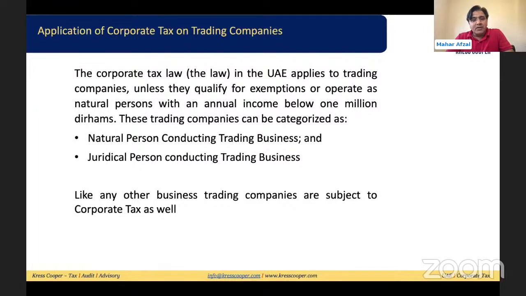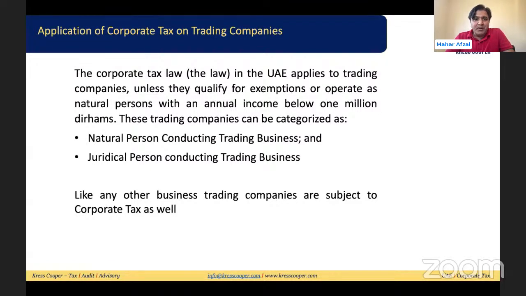So these trading companies can be a natural person, might be an individual, might be a sole establishment or civil company. We all know the definition of natural person. There is a possibility that an individual is doing the trading, a sole establishment is doing the trading, a civil company is doing the trading.